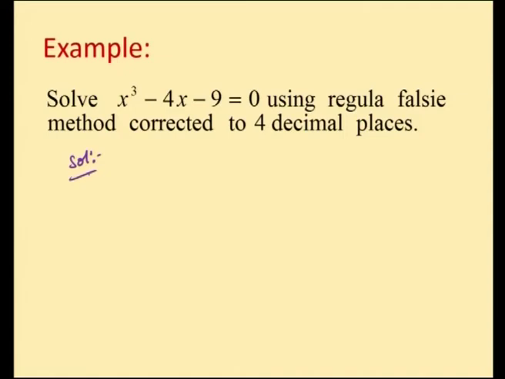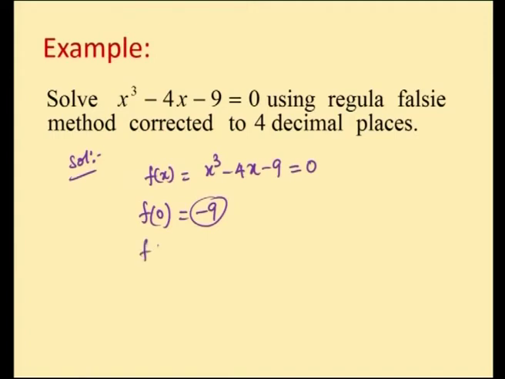The only thing we have to use is that formula. f of x is taken to be equal to x cube minus 4x minus 9. f of 0 is equal to minus 9, and this minus 9 is too far from 0, therefore, we will take a closer value, that is f of 1. f of 1 happens to be equal to minus 12, f of 2 is minus 9 and f of 3 is 6.